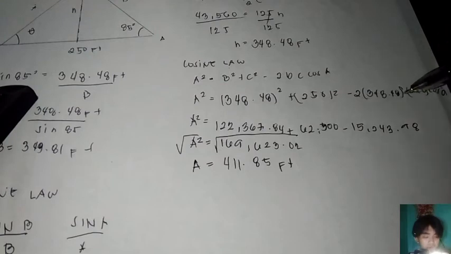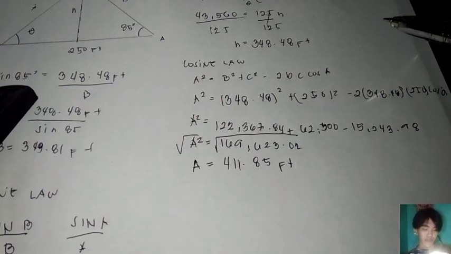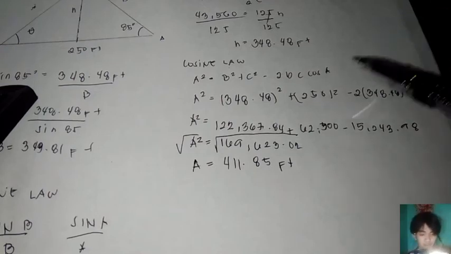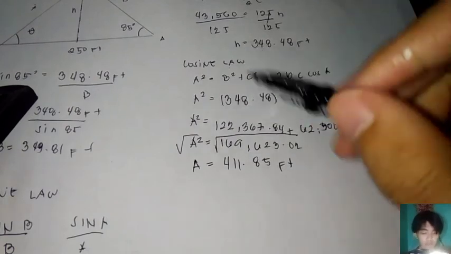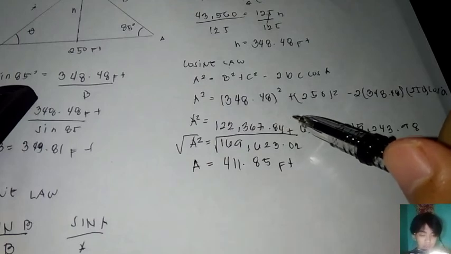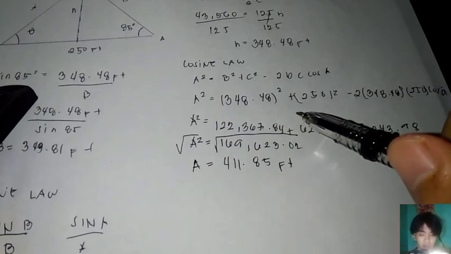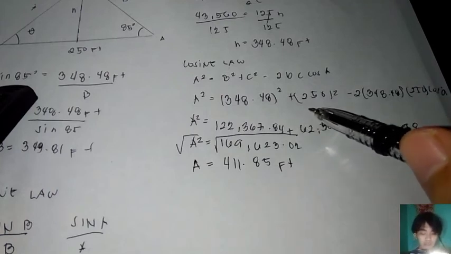So multiply the 2 to 348 and multiply this. So we have 15,248.98. So let's add and subtract these three. So our answer is 169,623.02.